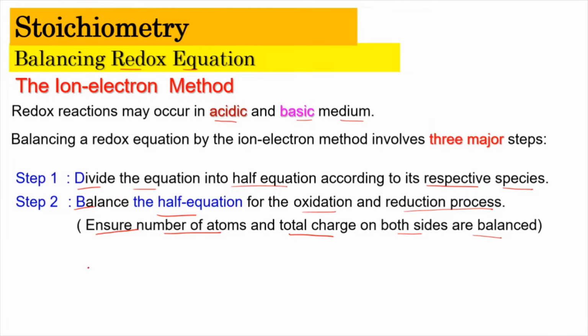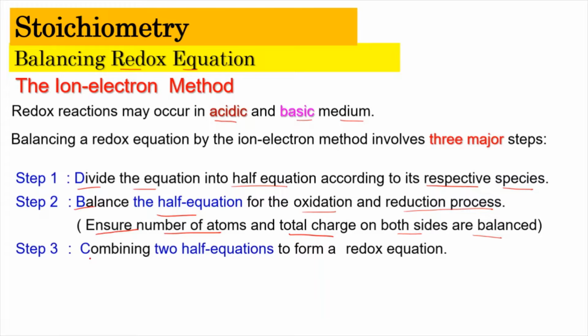And for step number 3, we need to combine the two half equation in order to form a redox equation. So we have D, B, and C here. And DBC happens in acidic condition.